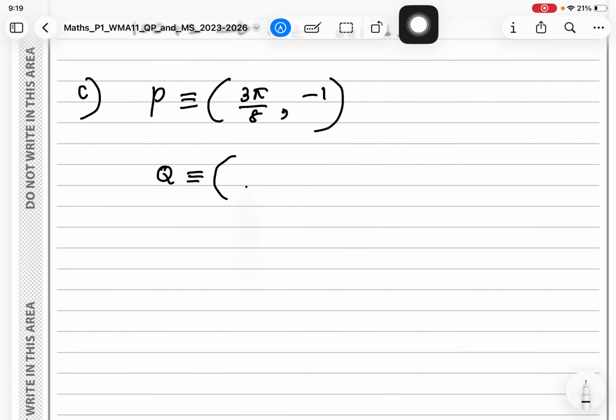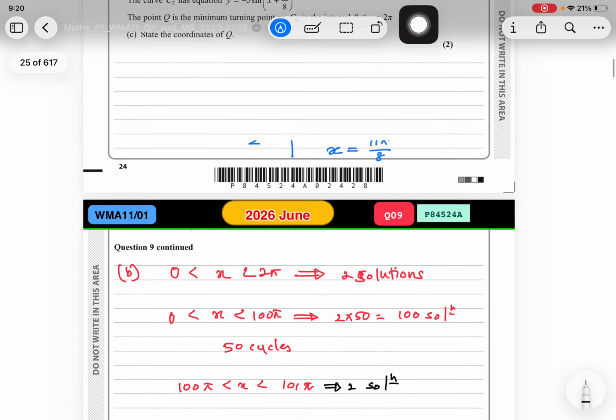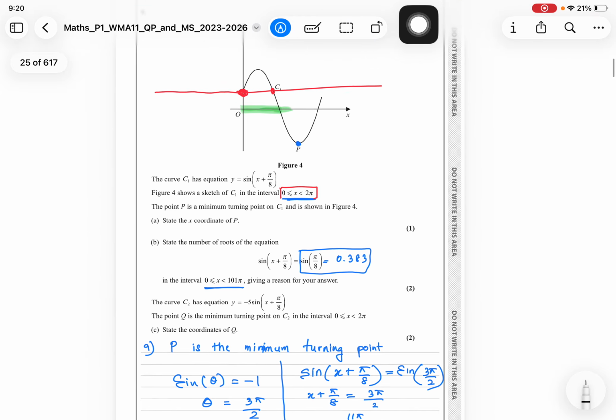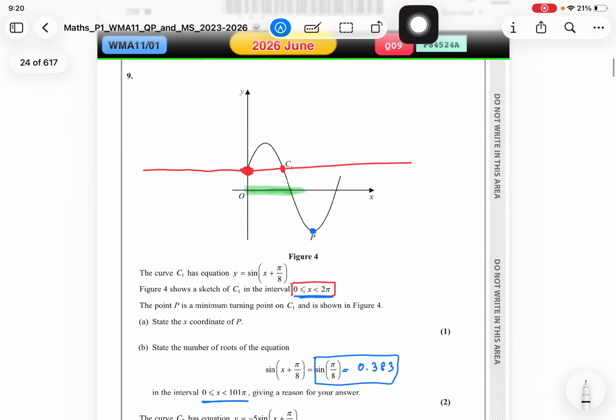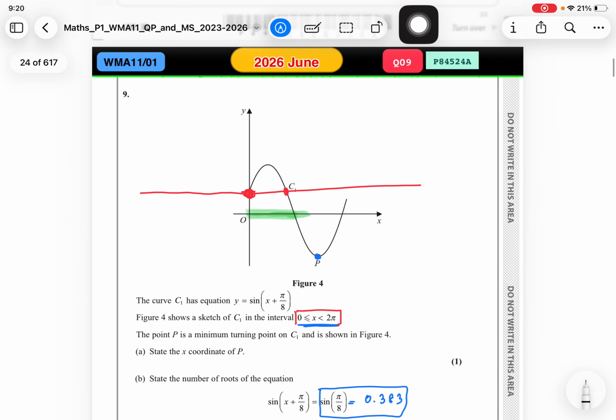So the Q coordinate is going to be 3 pi divided by 8 comma negative 5. So you're going to get the Q coordinate as such. This is a quite straightforward part, that's why it has 2 marks. You have to easily identify the pattern here. So this is about the trigonometric question. Yeah, thank you.